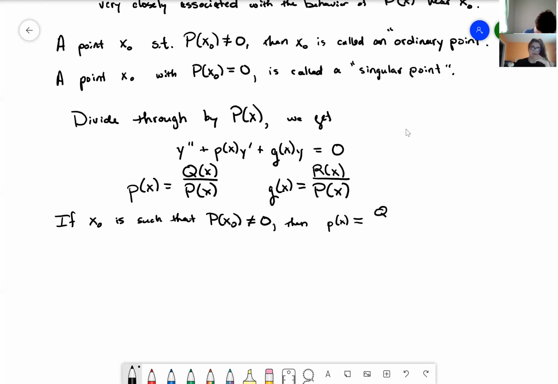Little p of x, which is capital Q of x over capital P of x, is continuous, because we're not dividing by 0, near x0. So in some interval around x0, we have that p of x is continuous.